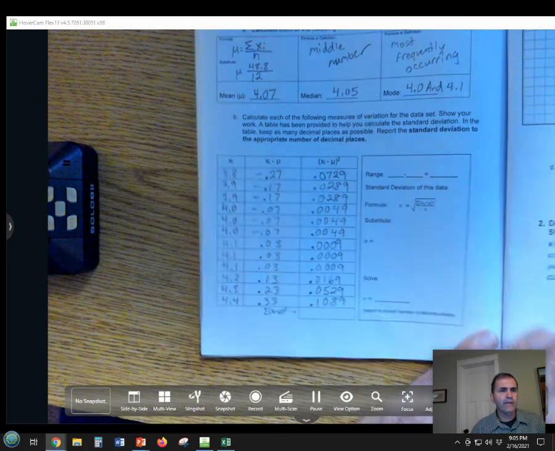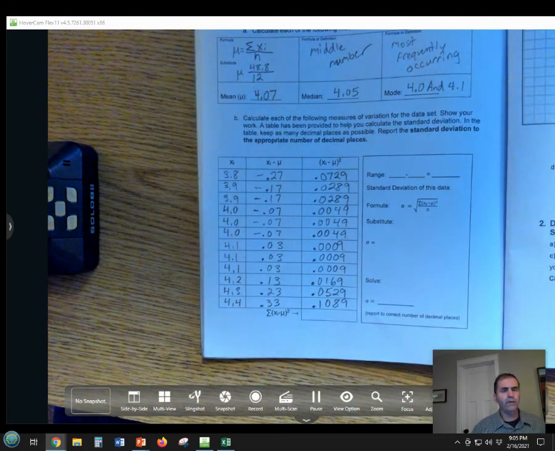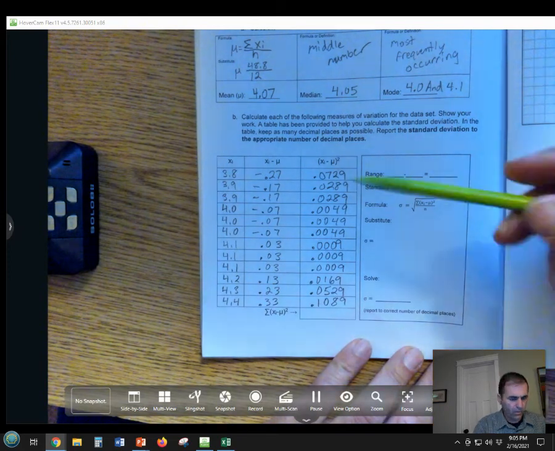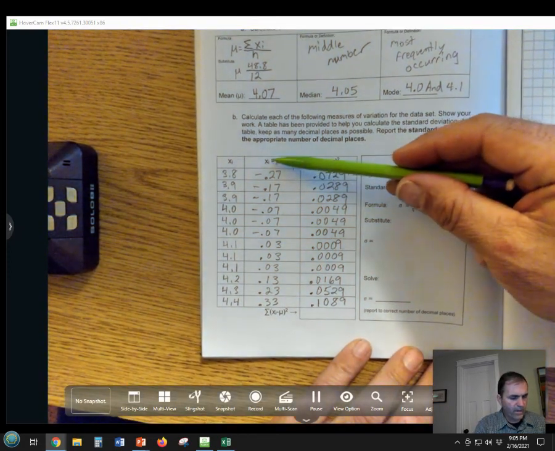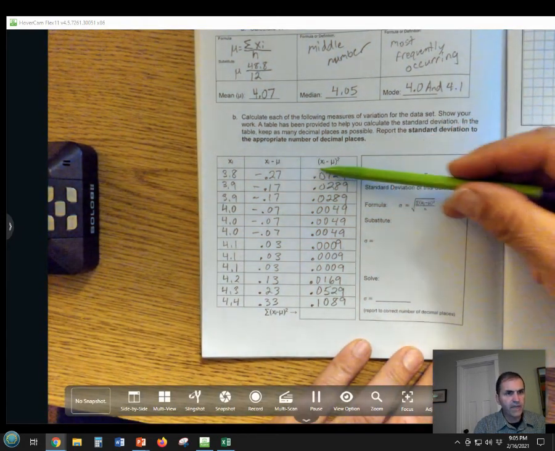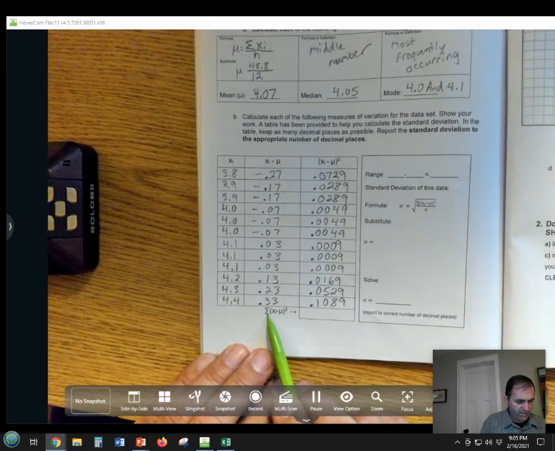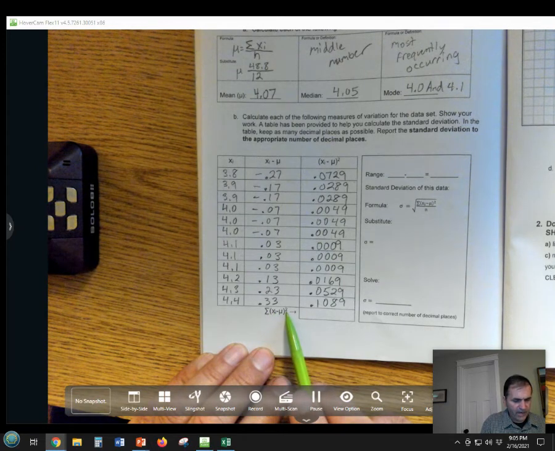All right. So in our formula, we already got our mean, each value minus the mean, and then squared it. And now we're going to get the sum of all of the individual values minus the mean squared.